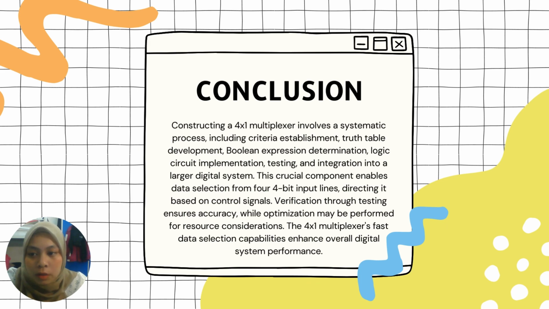This crucial component enables data selection from four input lines, directing it based on control signals. Verification through testing ensures accuracy, and while optimization may be performed for resource considerations, the 4 to 1 multiplexer's fast data selection capabilities enhance overall digital system performance.